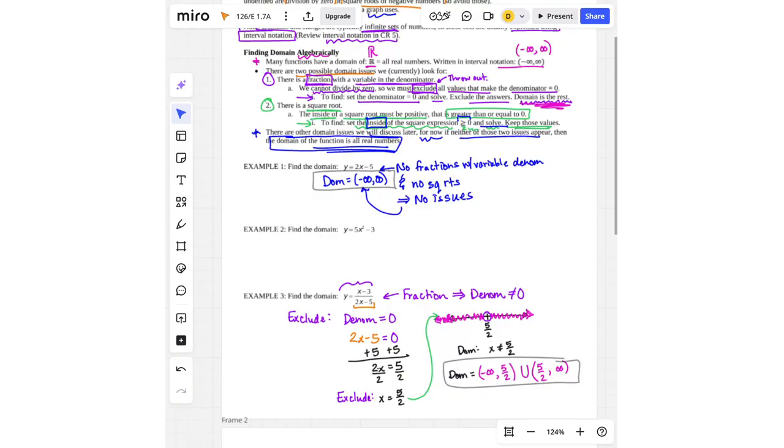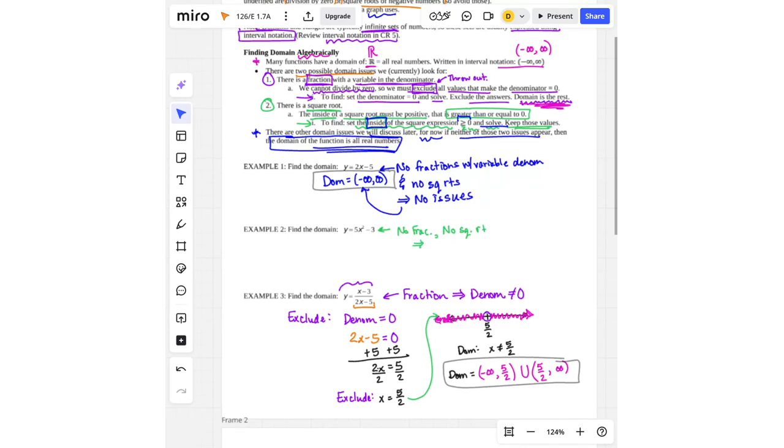All right, go ahead and tell me what the domain of example 2 is. So pause, write it down. So you would look at this. Same thing. When you look at this, we have y equals 5x squared. No fractions. No square roots.